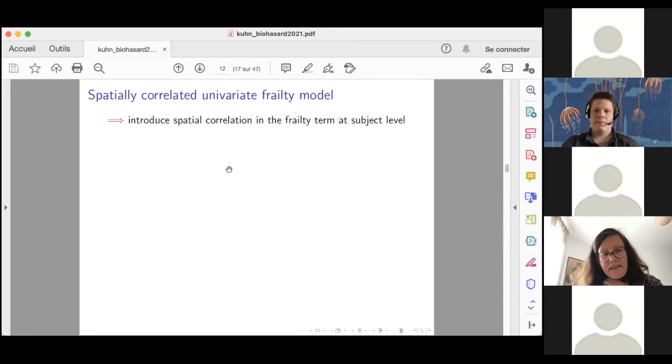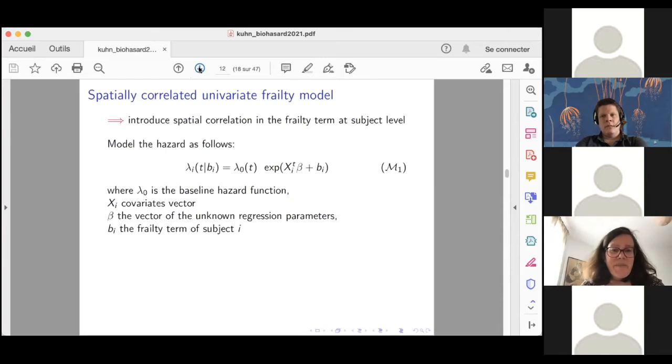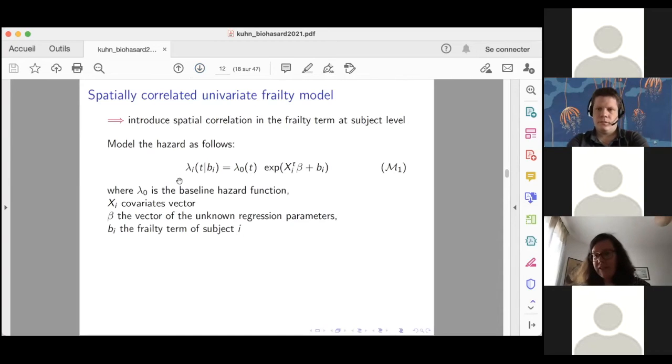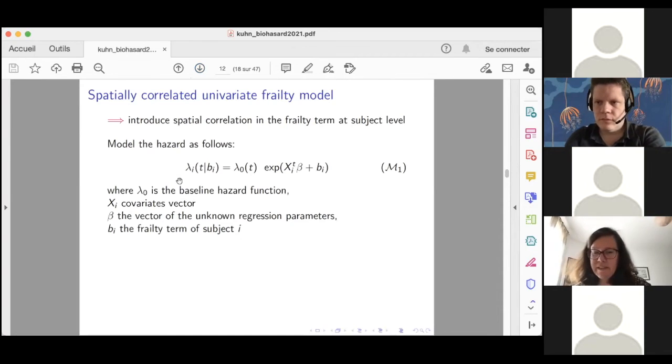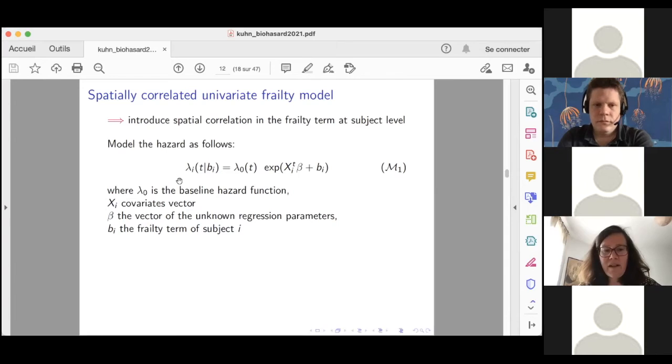So it means that each individual will have its own frailty term. So we model the hazard as follows. We forget the structure in the population, so there is no more the index j, okay? i is now the index of the individual, and we have a frailty term here for each individual.